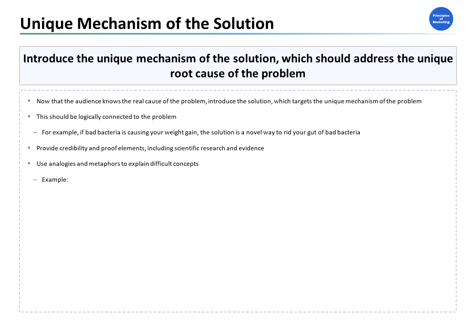And of course, provide credibility and proof elements, including scientific research and evidence. Use analogies and metaphors to explain difficult concepts. For example, let's say you are selling a joint supplement and people are experiencing joint pain.